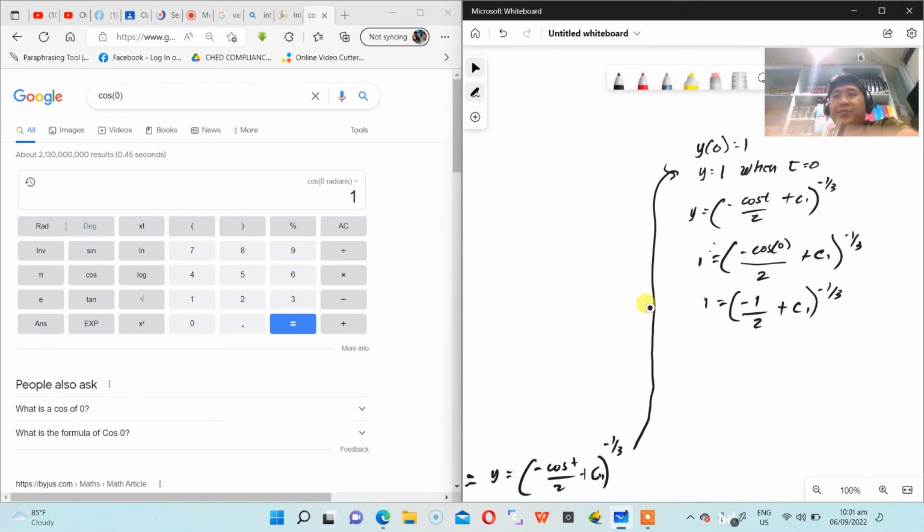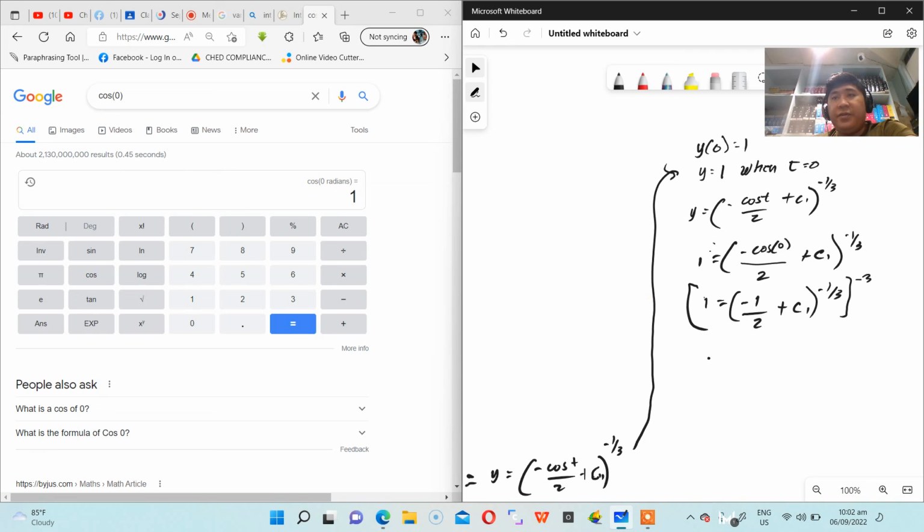So to simplify it further, we could cube both sides, right? Yeah, we could do that one.